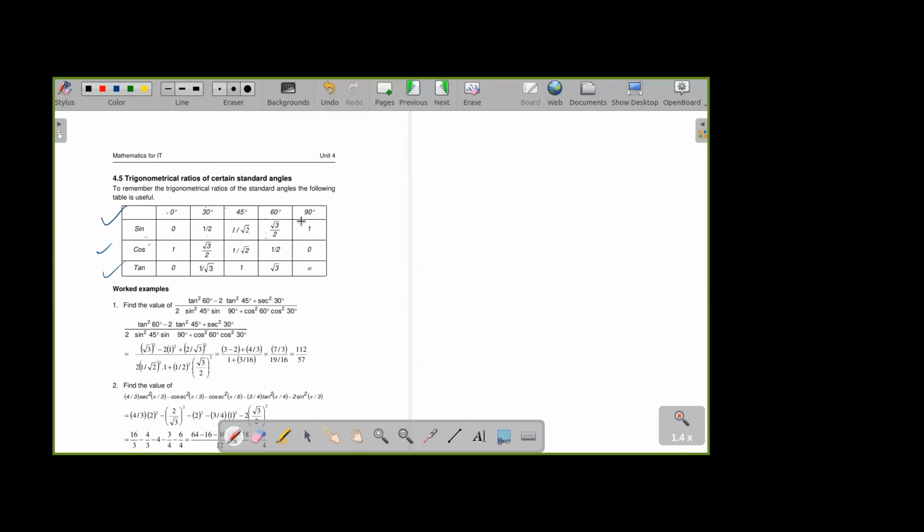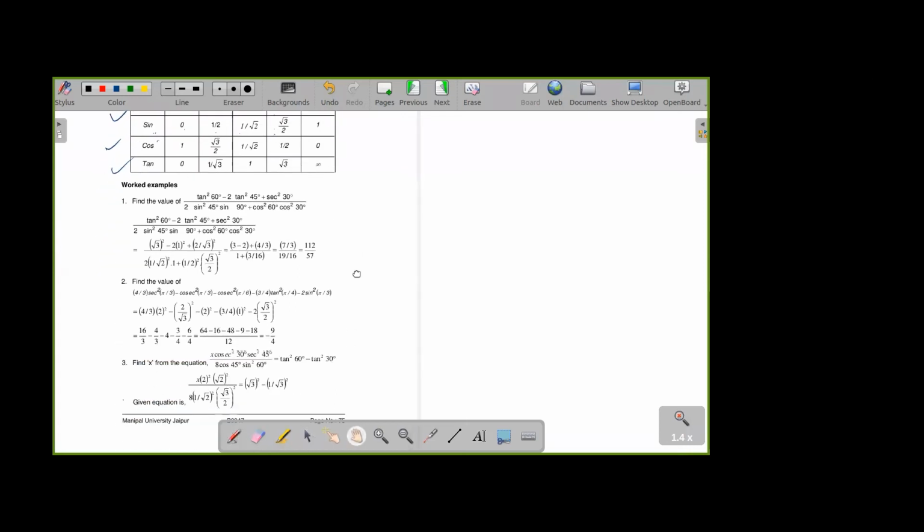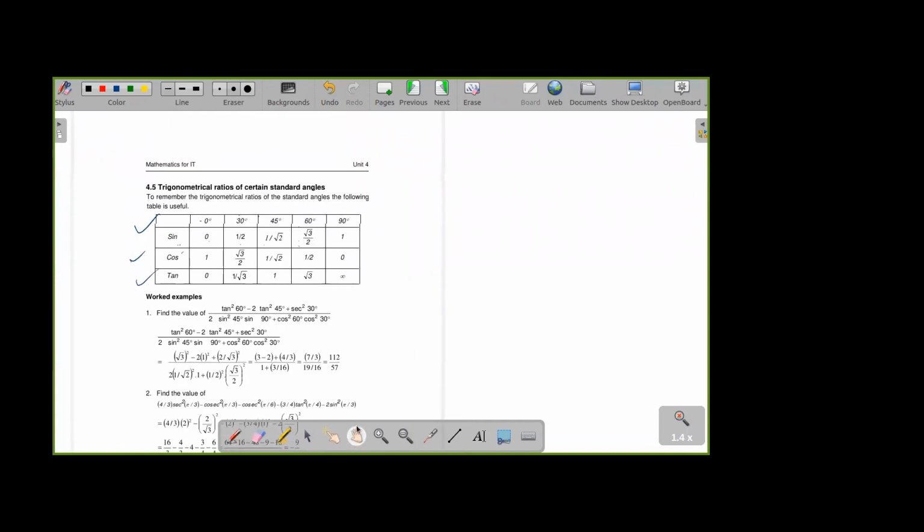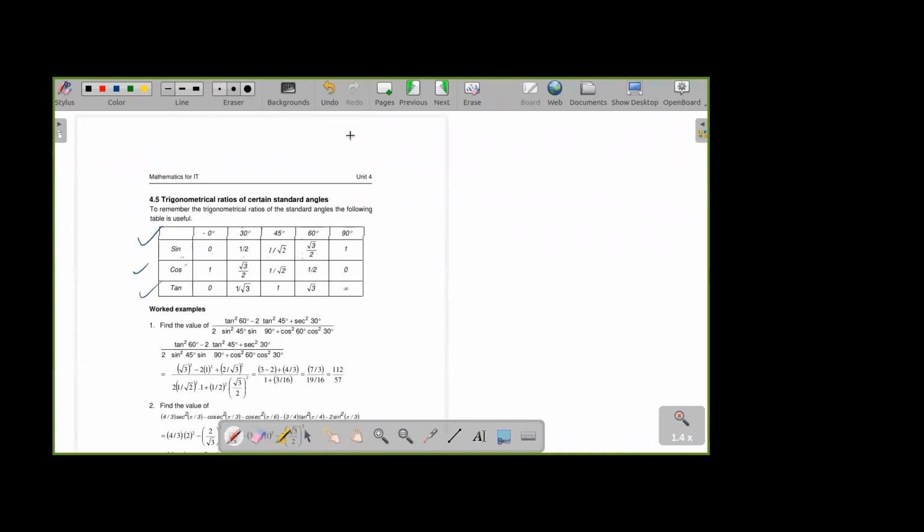Above I saw there was one question. It said 0 is less than theta and theta is less than 90. That was just because writers don't want to be blamed by some smart students.